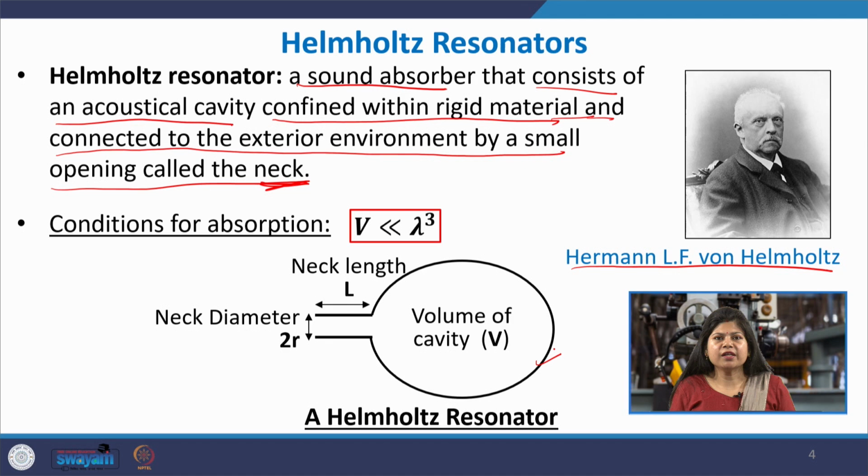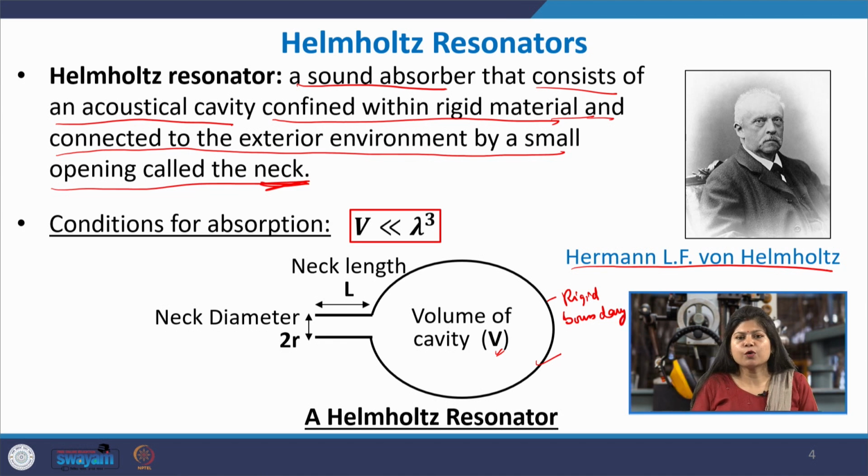It can be of any shape: rectangular, cuboidal, cylindrical, or spherical. Any kind of acoustical cavity of any shape, and this capital V becomes the volume of the acoustical cavity which is confined within rigid boundaries. So, the boundaries have to be rigid.